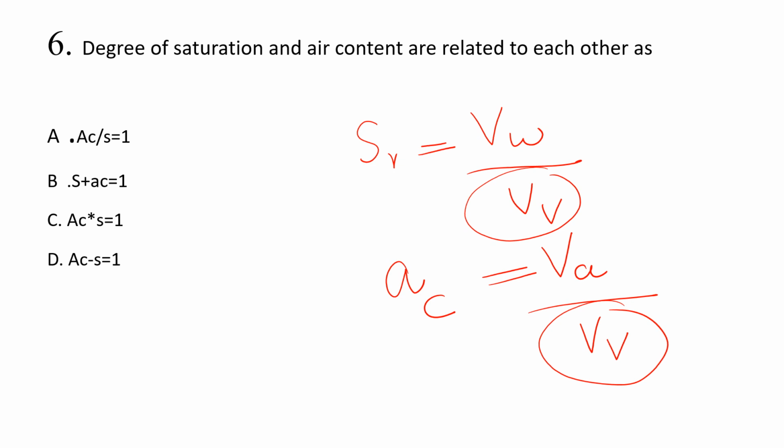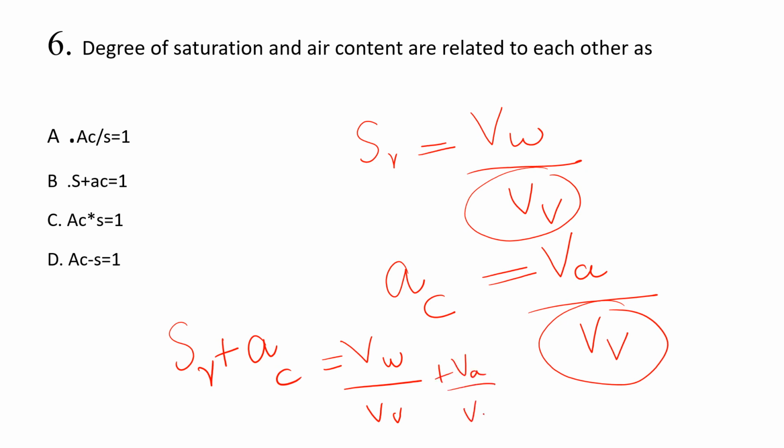So if you are trying to add these two ratios, that is, if you are trying to add S_r plus AC, what will happen? Just try. Volume of water by volume of voids plus volume of air by volume of voids. You are having your denominator same.